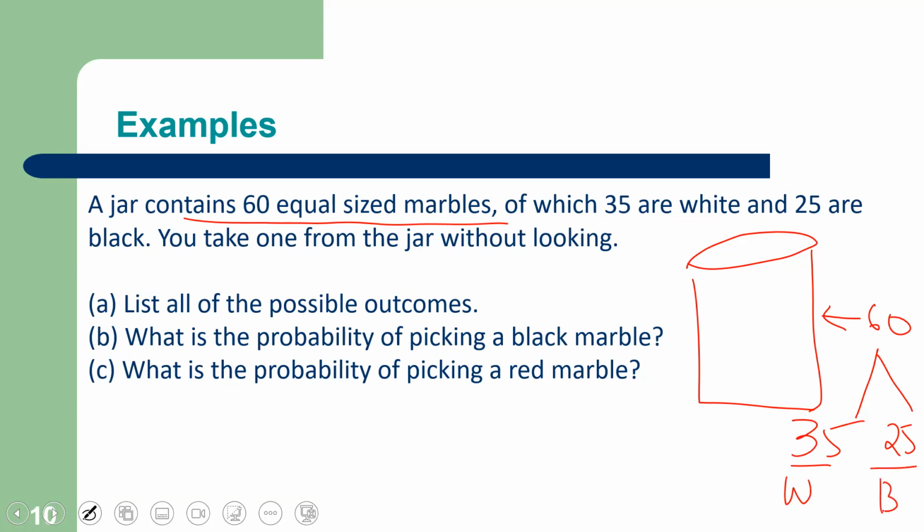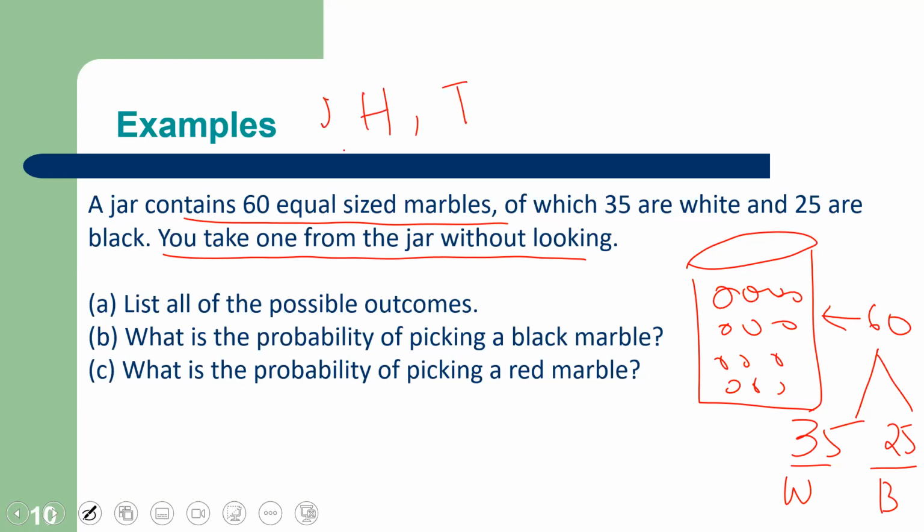Now let's list all of the possible outcomes. Suppose you take one marble from the jar without looking. With closed eyes, you pick one, and there are around 60 balls inside. What are the possible outcomes here? Just like when you toss a coin, the possibilities are head and tail, these are my two outcomes.